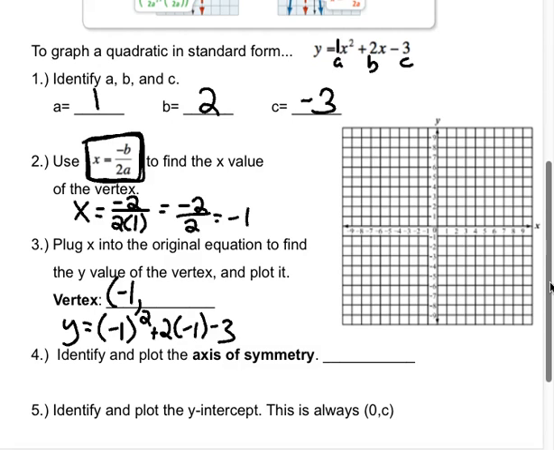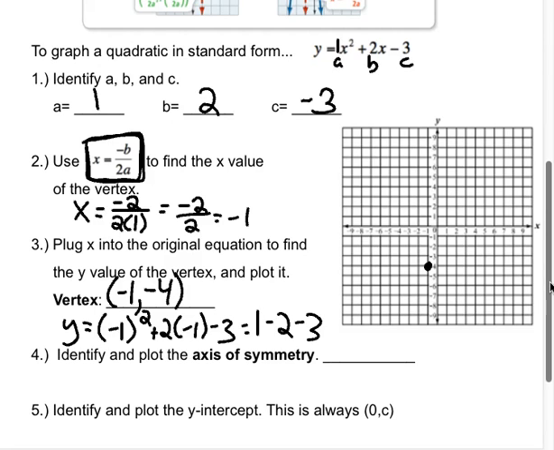So all you have to do is plug in that -1. -1 squared is going to be 1. 2 times -1 is -2. Then minus 3. So 1 minus 2 is -1, minus 3 more. So here my vertex is living at -1, -4. So I'm going to plot that point.